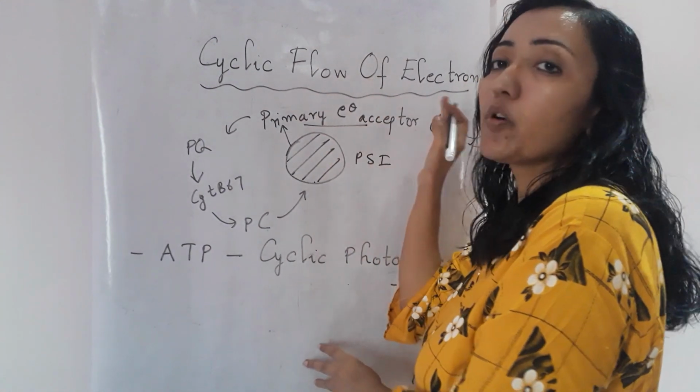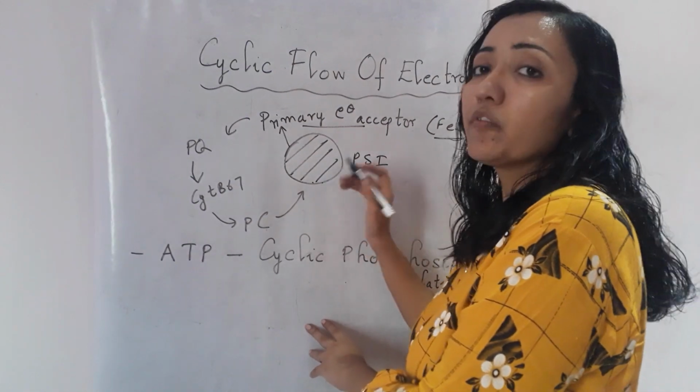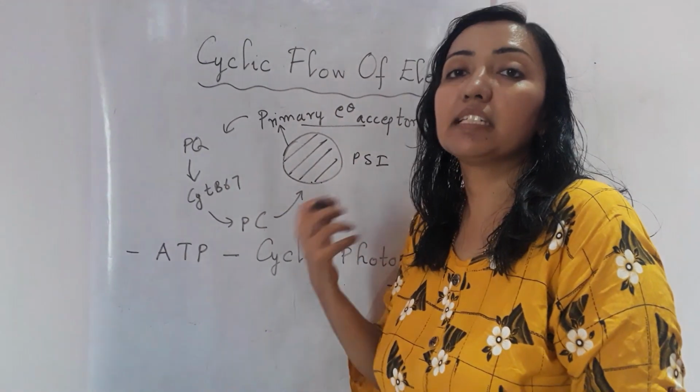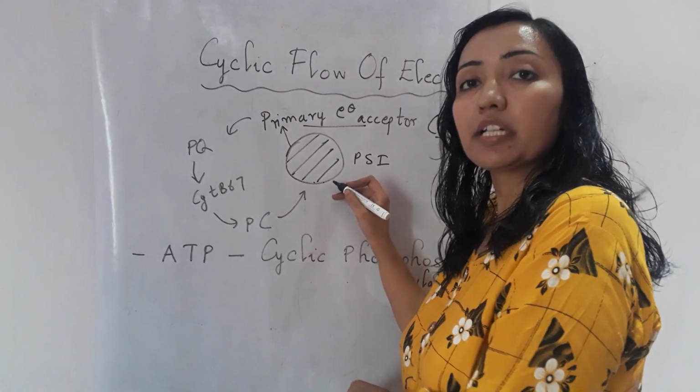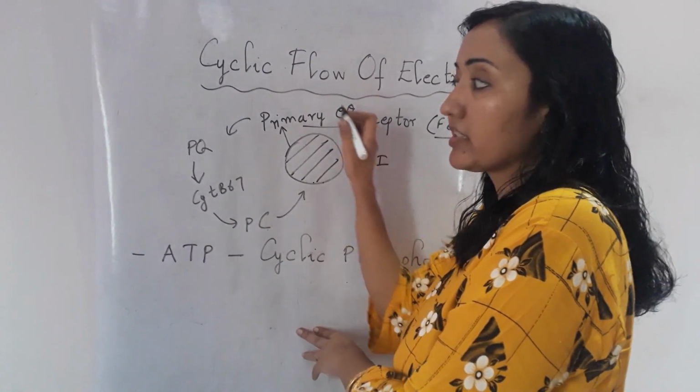So in cyclic flow of electrons or cyclic photophosphorylation, when the wavelength of light is more than 680 nanometer, the photosystem becomes excited, releases an electron, and the electron is accepted by the primary electron acceptor.